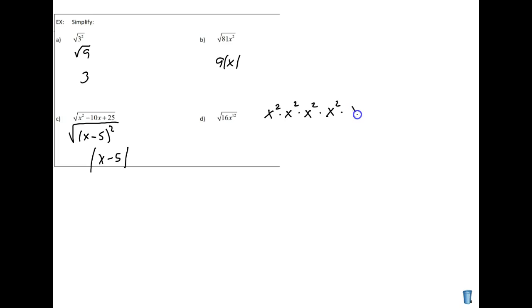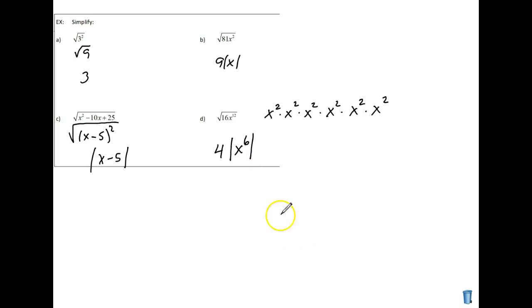How many times are we going to do it? That's right. There are 1, 2, 3, 4, 5, 6 of those. Square root of 16 is 4. And then each one of these would come out as an x, so I'd have an x to the 6th. Now, this is going to be positive as it is, but when it doesn't say assume all variables are positive, we're going to go ahead and put the absolute values there.